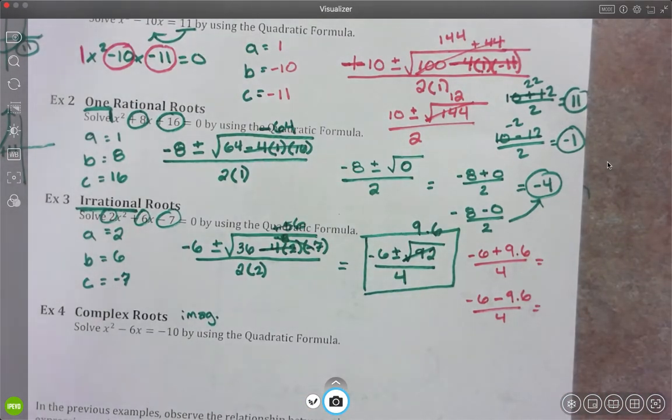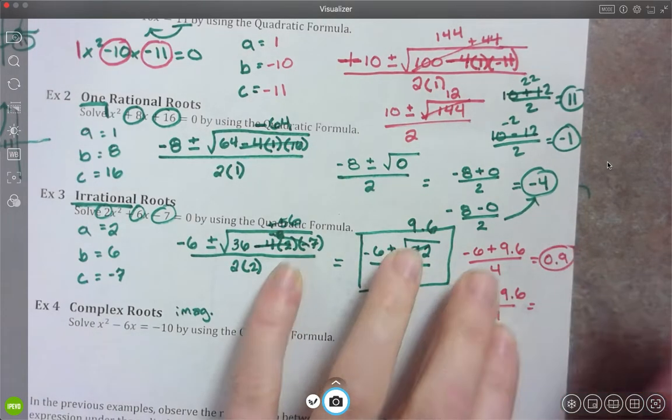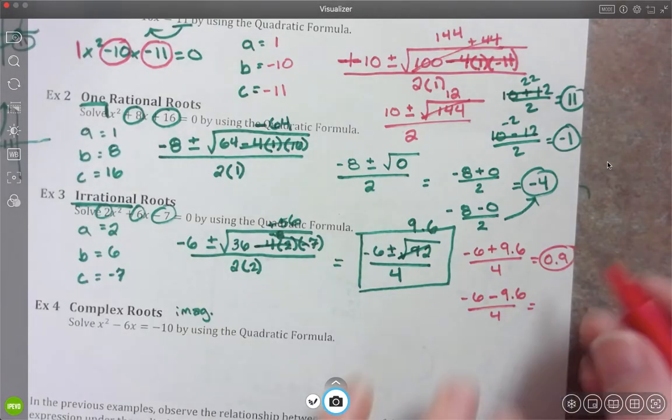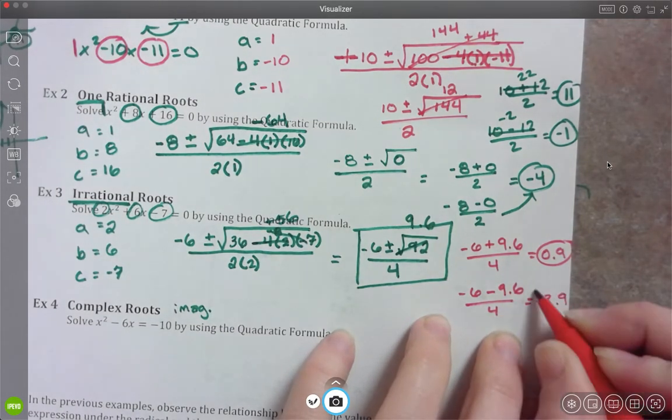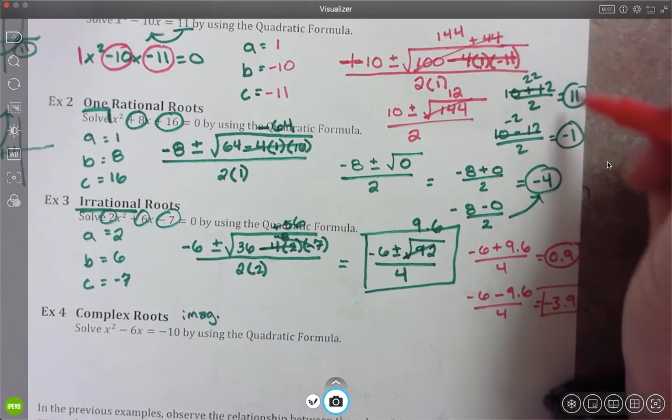So, let's see, 3.6 divided by 4 is 0.9, I think, 0.9. 0.9 is going to be one of my solutions. And then, let's see, 15.6 divided by 4 is negative 3.9 is the other one, okay? So, just because he didn't come out as a whole number like these two, I'm still going to have 2 solutions.